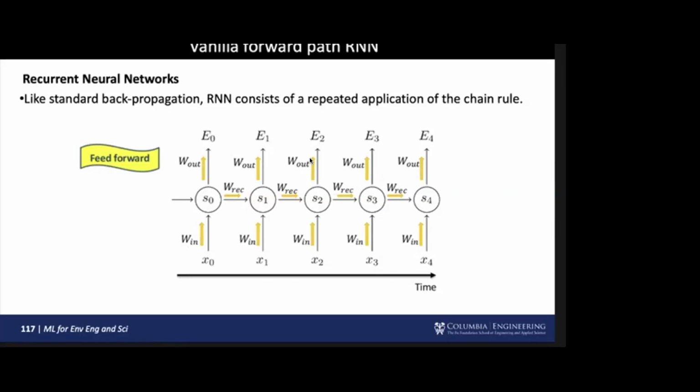And W out produces an error or output E for the specific moment. If you have an additional layer, then it is H, because it is the output of the hidden layer. If you have no hidden layer anymore and just want to output these numbers, then it is the output layer, denoted with E. This flow allows the network to maintain a continuous thread of information across the entire sequence.